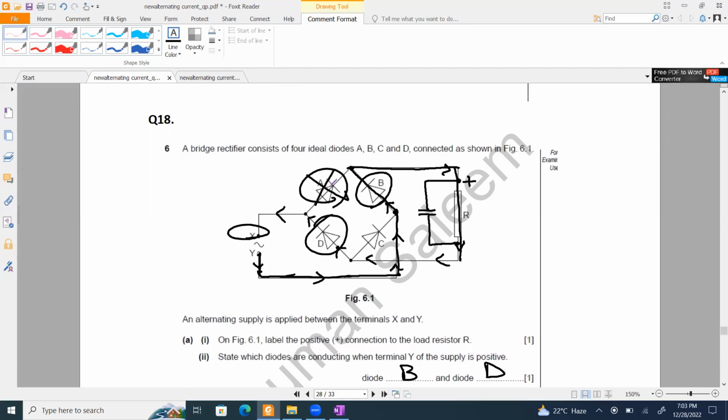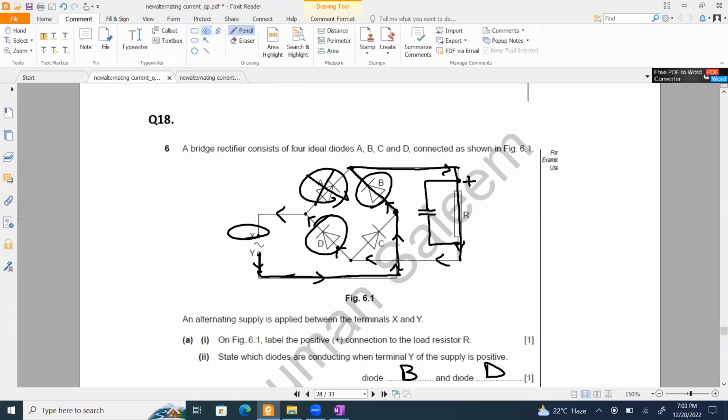There is a gap. So if there is an open circuit like that, what happens in that case? One of the pulses is going to be present, the other is going to be absent. How? I'm going to show you.